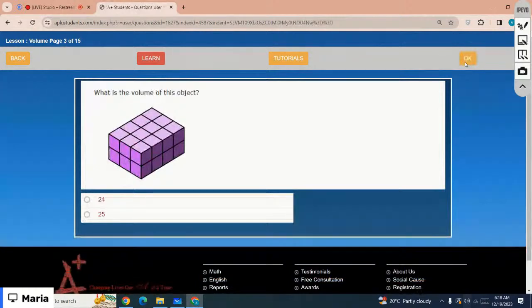Which option is the correct one? Very good. The correct option is 24. That is 3 times 4 times 2. So 3 times 4 is 12 and 12 times 2 is 24. So the correct option is 24. Very good.